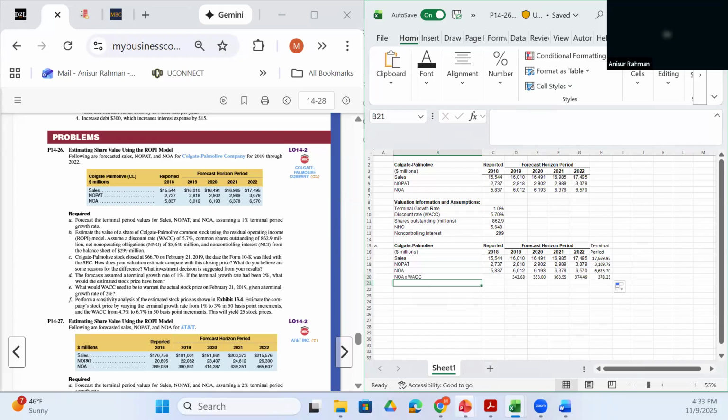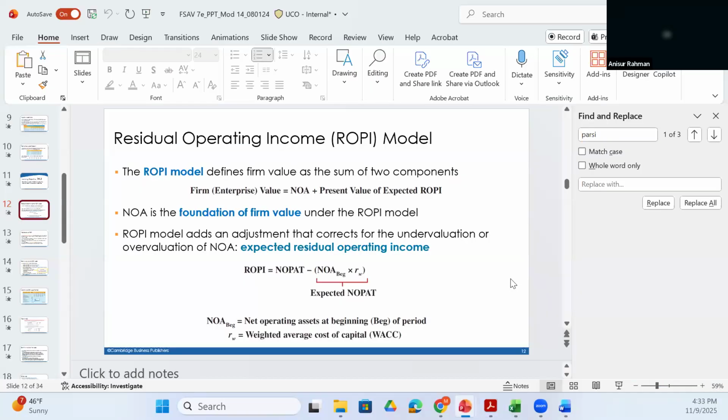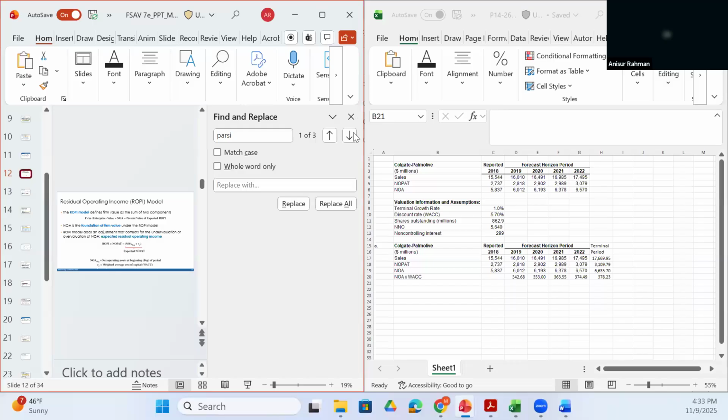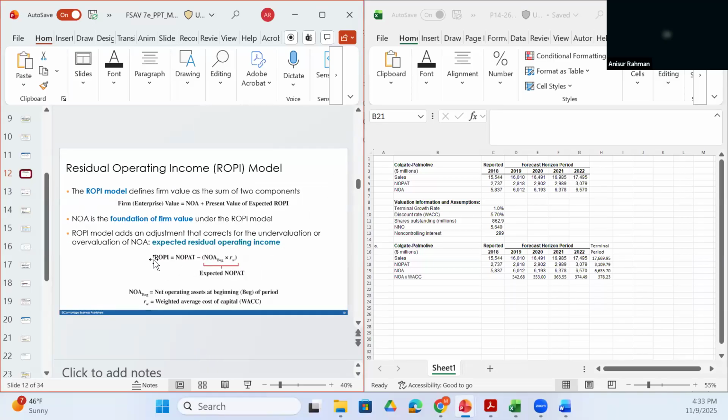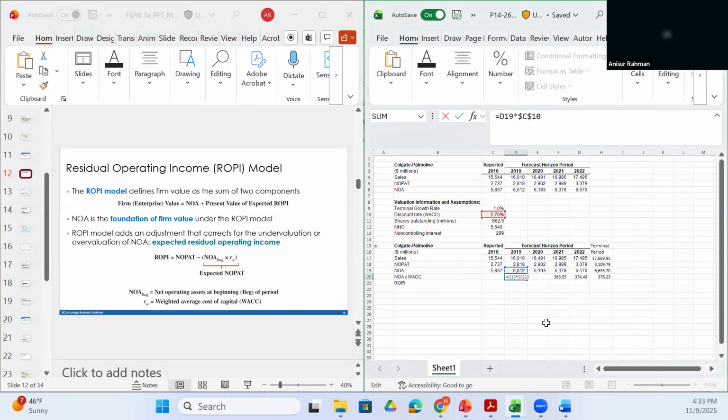Now we can calculate our ROPI. So ROPI minus... another thing, I made a mistake here. This NOA should be the beginning, right? So I have to select the previous one.